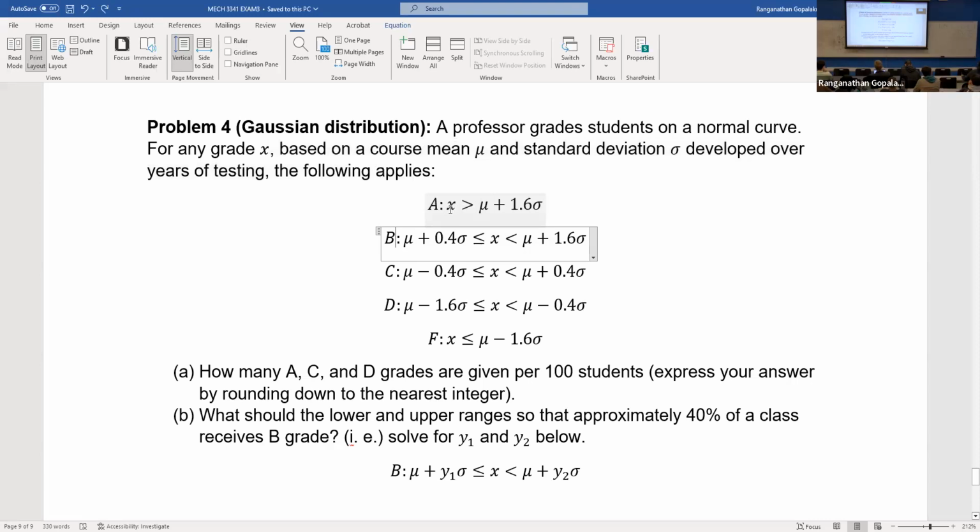For x greater than mu plus 1.6 sigma, an A grade is given. Between mu plus 0.4 and mu plus 1.6, a B grade is given. And between mu minus 0.4 and mu plus 0.4 sigma, a C grade, and then D grade, and then F grade.